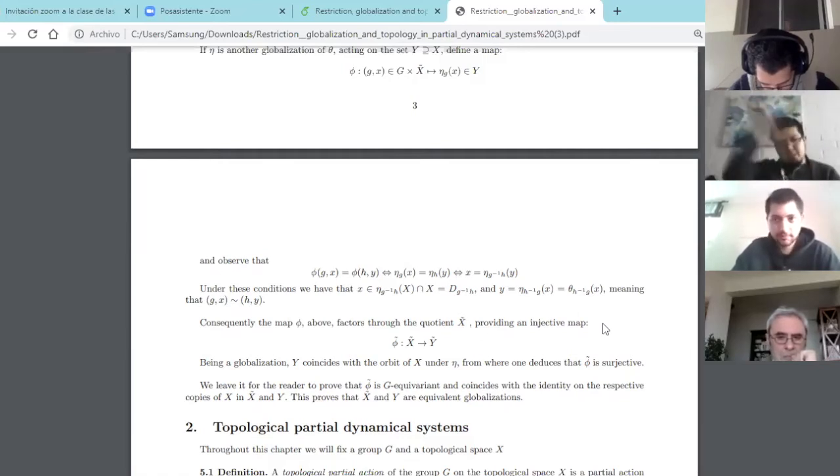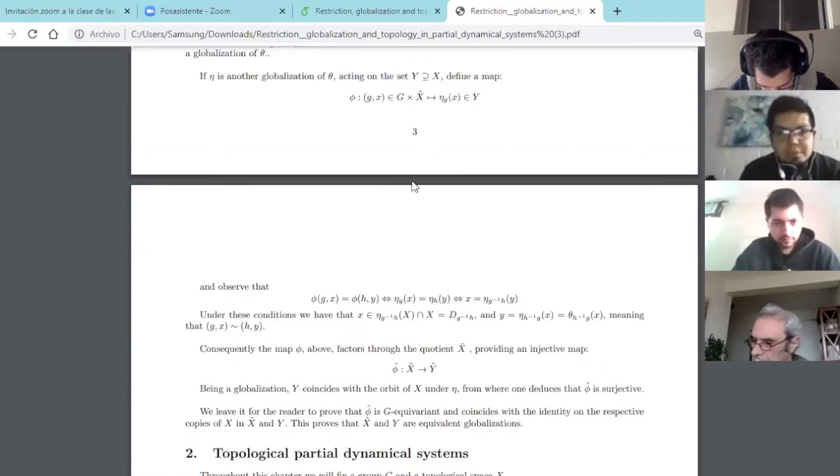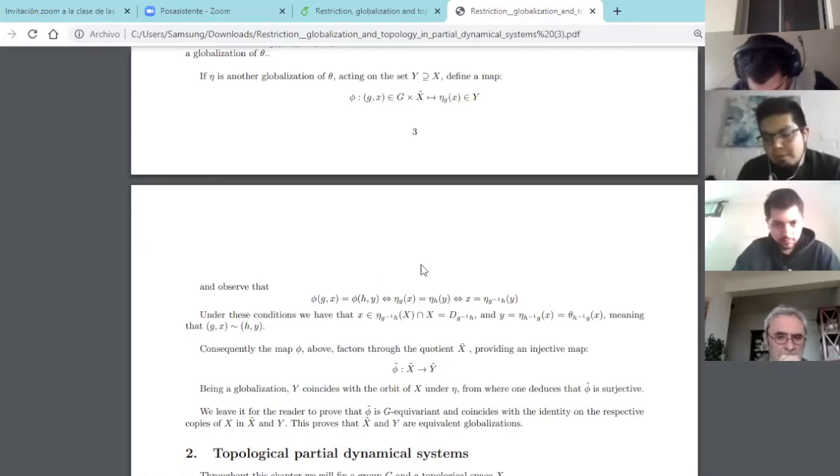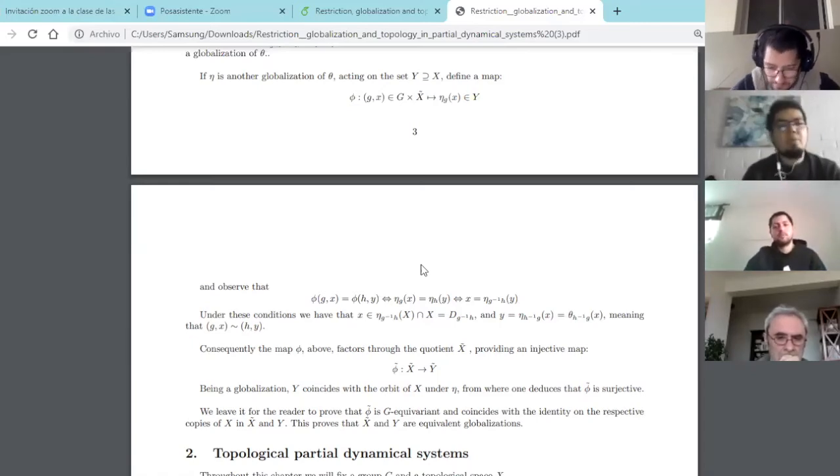Here the author says that he leaves it to the reader to check that the phi hat is G-equivariant, and it corresponds to the identity on the copies of X. But I think it's easy to see, just because they both behave the same. This is the idea behind it. Both eta and tau behave in the same way on X, and X is not that different from the whole space.